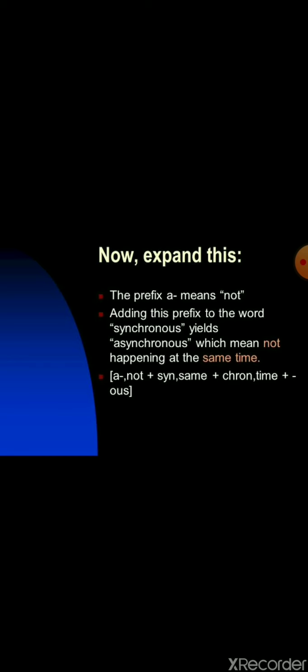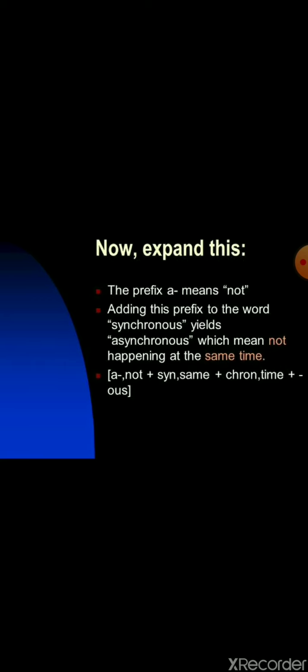Now look at the example. The prefix a means not. Where we add a as a prefix, it goes to the negative sense. So adding this prefix to the word synchronous yields asynchronous. Synchronous means happening at the same time; adding a, which means not, gives not happening at the same time. Now see the word, I make it a little broader for you.